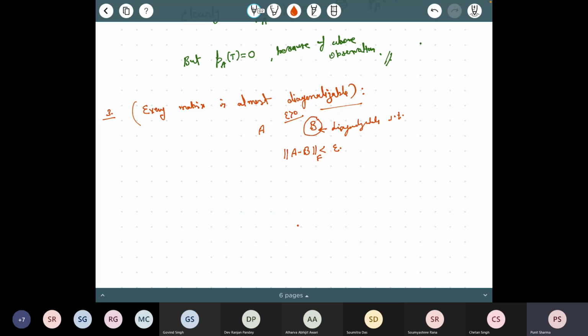That means for any given matrix, for any given epsilon, if you construct a ball of radius epsilon around it, you can always find a matrix C which is invertible. So the set of invertible matrices is dense in the space of matrices. There are many equivalent statements you can make from this result. I will prove this result.